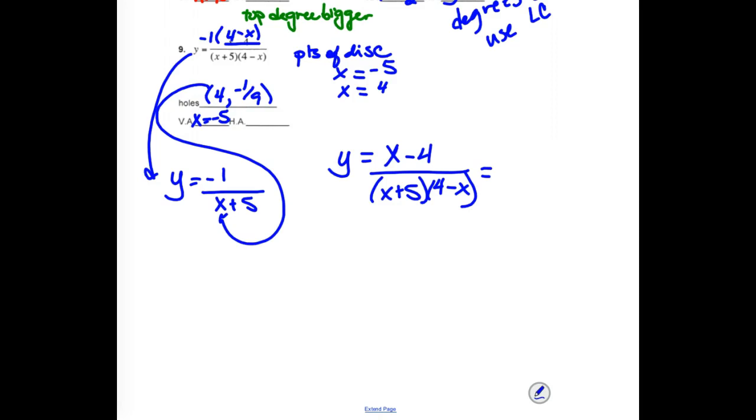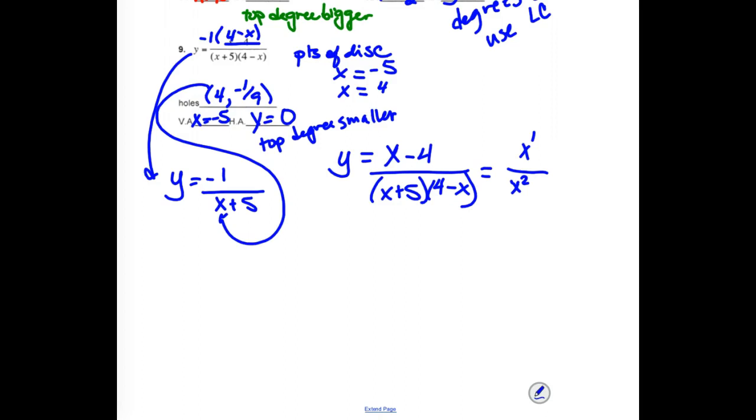So I want you to think of this as being an x to the first in the numerator and an x squared something in the denominator. What happens when the top degree is smaller? So top degree smaller, we have one right on the x-axis at y equals 0.